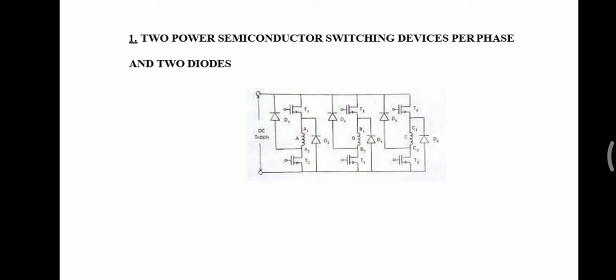Usually the upper devices like T1, T3 and T5 are turned on and off from the signal obtained from the rotor position sensor. The duration of conduction, or angle of conduction, can be controlled by using suitable control circuitry. The lower devices are controlled from signals obtained from the chopping frequency signal.